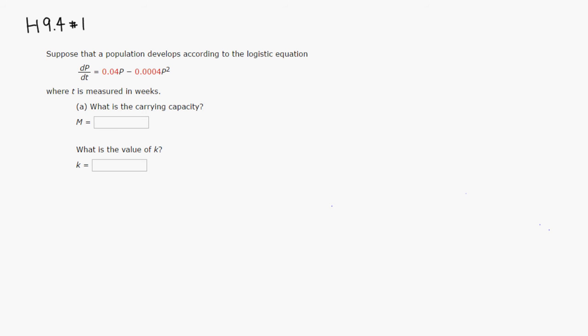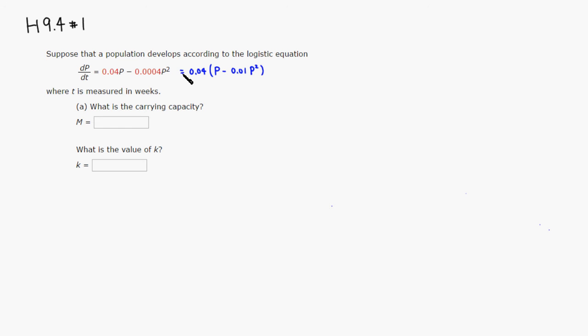First I'm going to pull out 0.04 from both terms. So you're going to have just P minus, let's see, 0.04 there, two more zeros, right? So it's going to be 0.01 P squared.